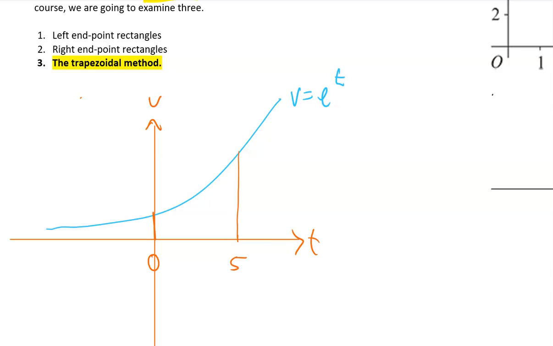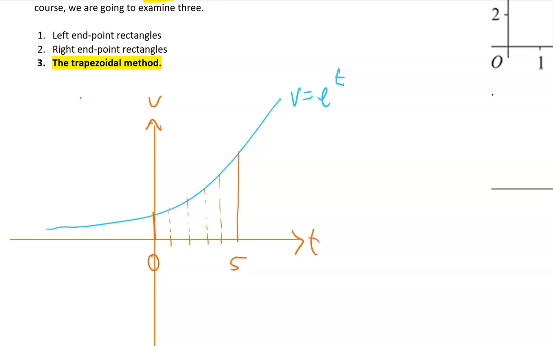And I want to know what the area is between 0 to 5. Okay, so I'm going to go in nice easy increments. 1, 2, 3, 4. So again, please assume that they're evenly spaced.